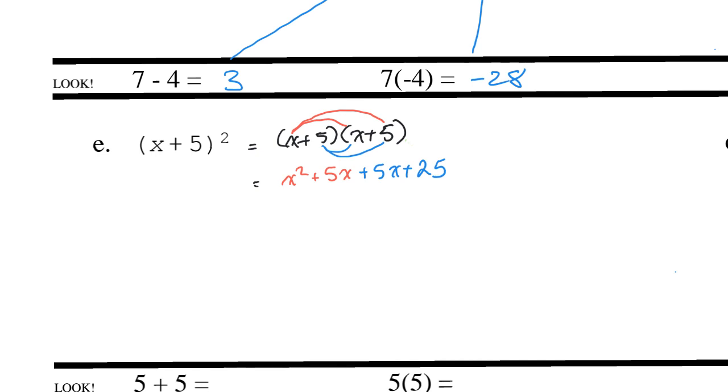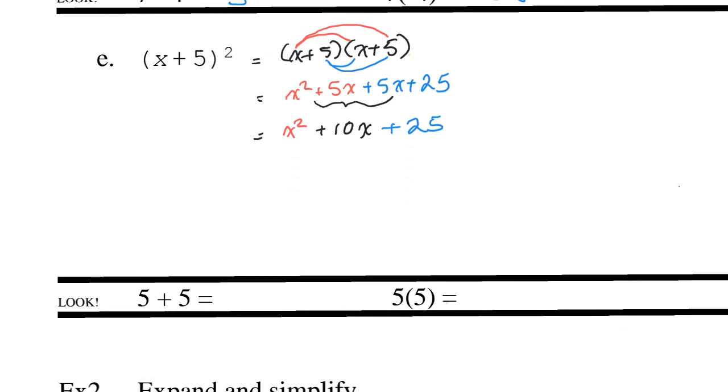And now let's simplify. So we've got x squared. We add these two together. So we get 5x plus 5x, which is 10x, and then plus 25.